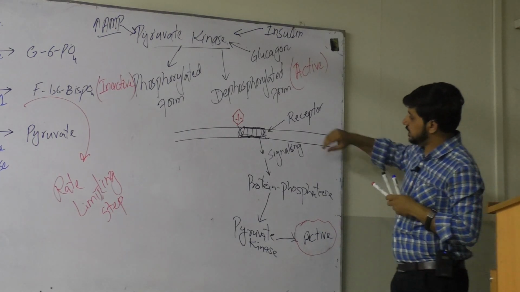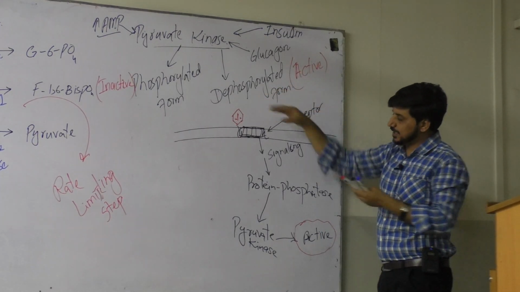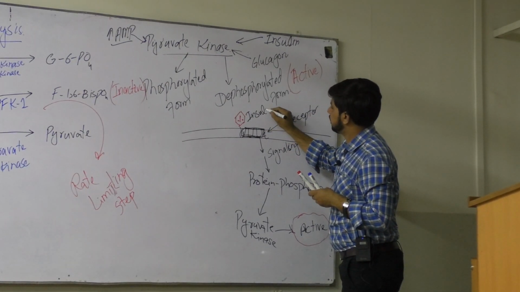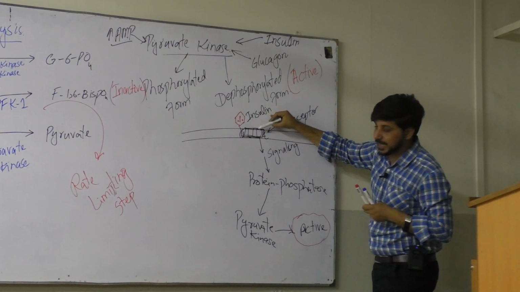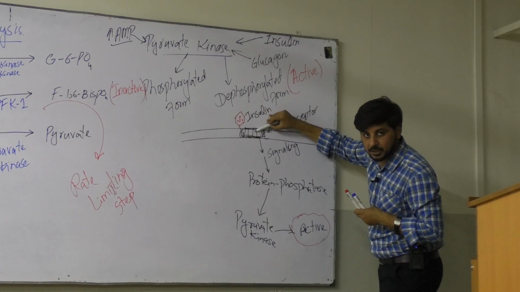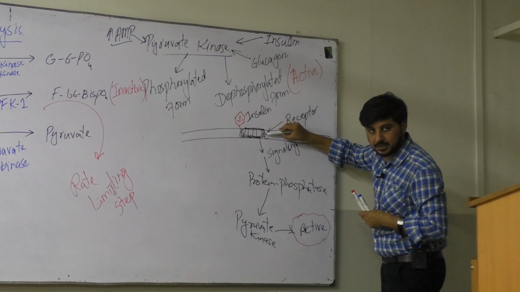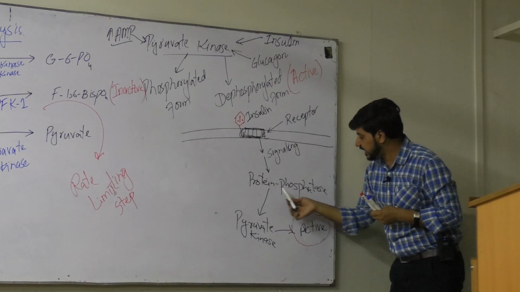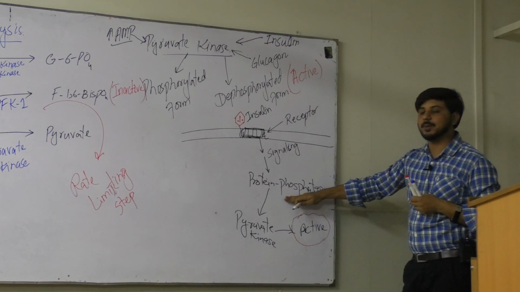Let me repeat it. When there comes the insulin, it will bind with the receptor. When it binds with the receptor, there will be a signal cascade in the cytosol, and the protein phosphatase enzyme will become active.